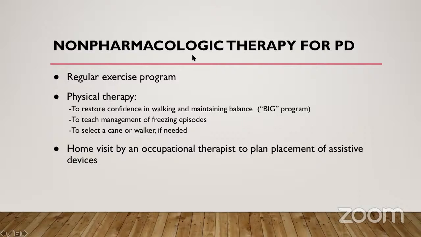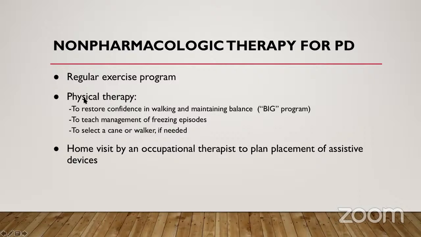The treatment of Parkinson disease is divided into non-pharmacological and pharmacological treatments. In the non-pharmacological treatments, we can counsel the patients regarding a regular exercise program and also PT or OT.